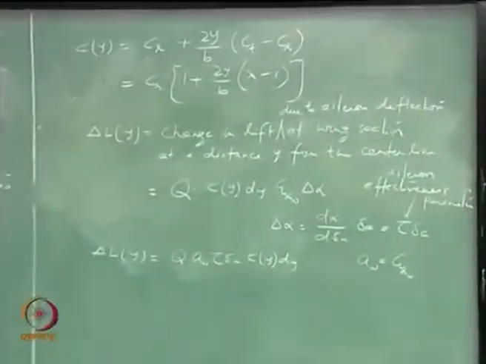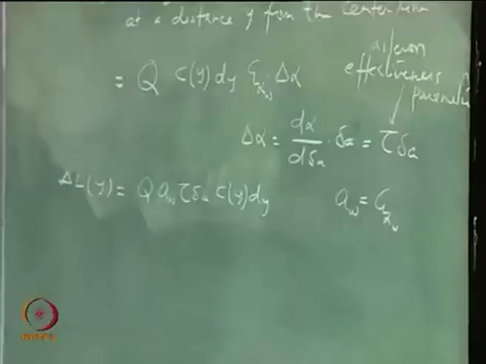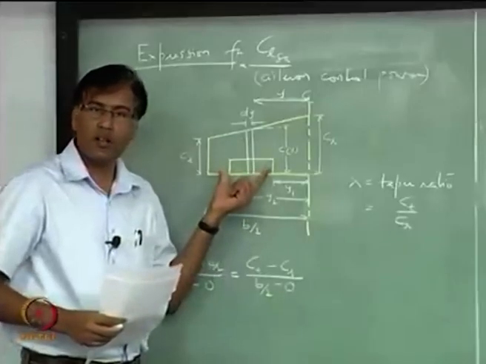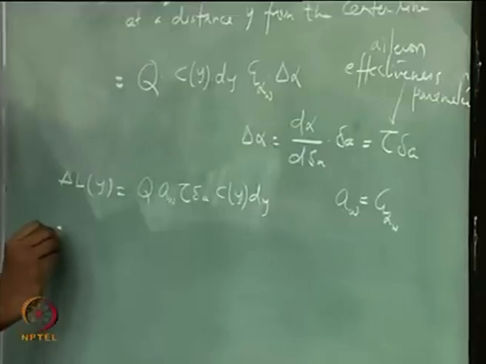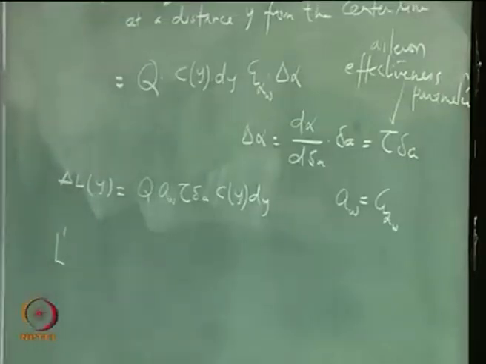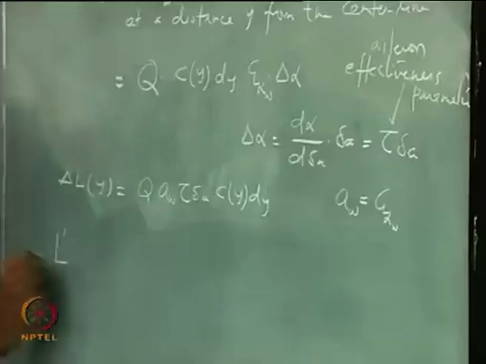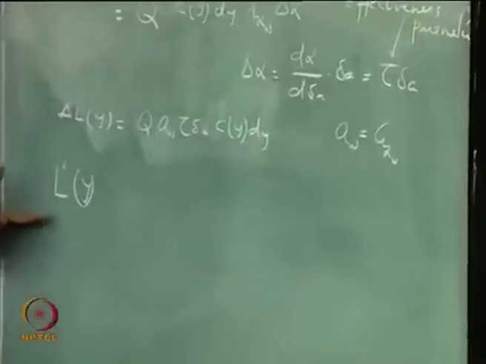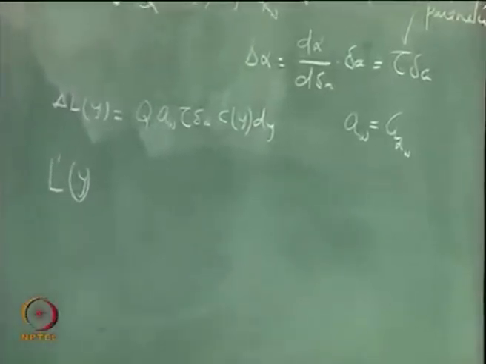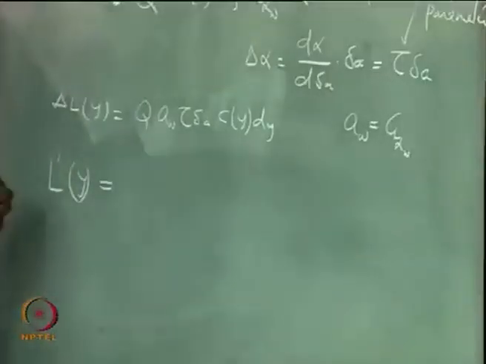That is clear. Now, we need to find out what is the roll moment created because of the change in lift over this whole part. So, I have been writing L prime for the rolling moment coefficient. So, actually you can find out what is L prime y, because of the lift at location y, and you can probably put a delta sign here.